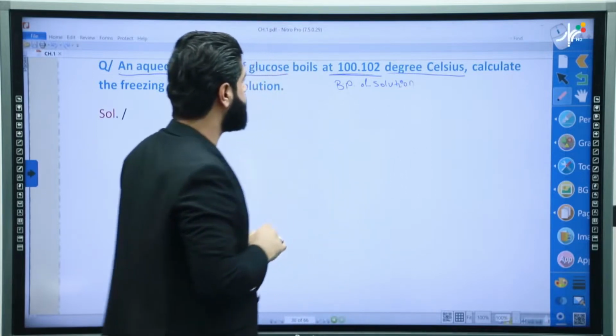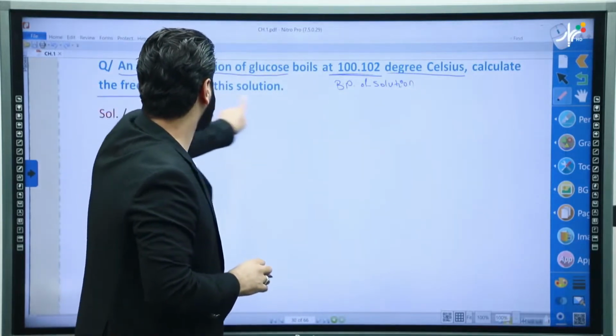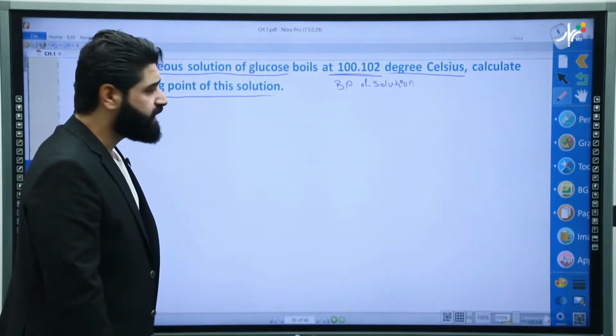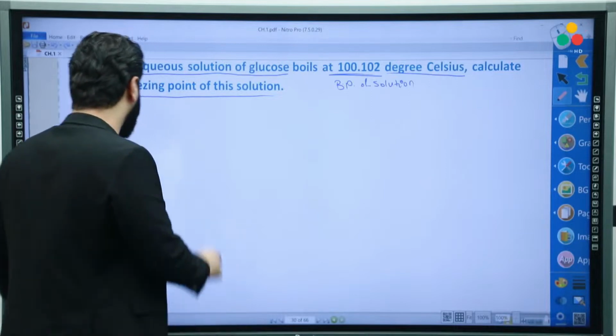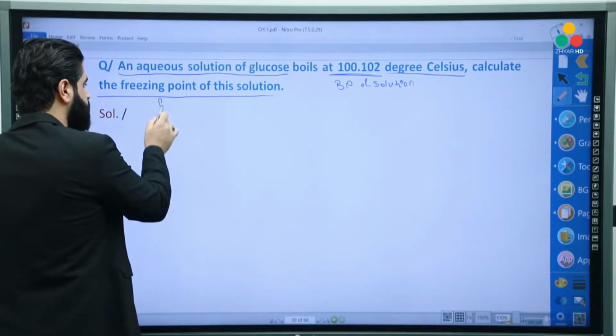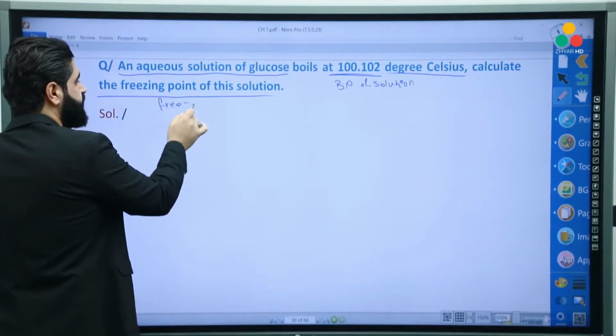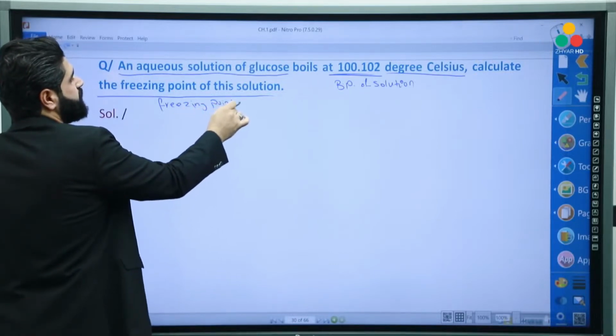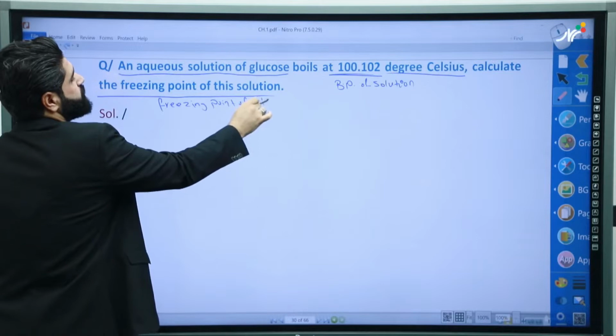Okay. Calculate the freezing point of this solution. What? We have boiling point and now we are looking for freezing point? How is it possible? Freezing point of the same solution.